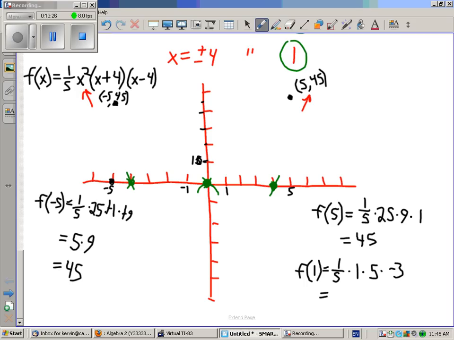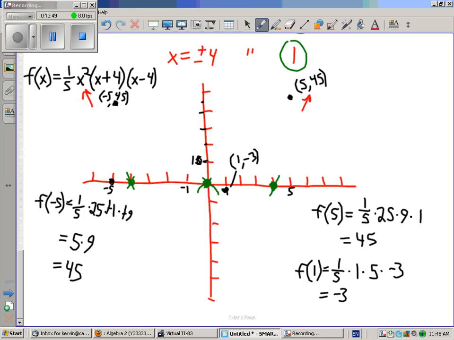That's going to give us 1/5 times 5, which is 1, times negative 3. F of 1 is negative 3. Now, since I've got a scale of 10 units on the y-axis for each tick mark, I'm going to have right around here. It's not going to be particularly large. So I'm going to draw a little arrow here, make it easier to see. This is 1, negative 3.